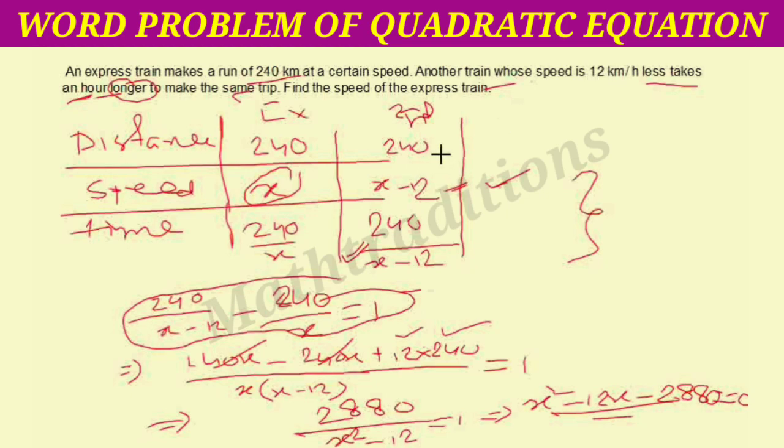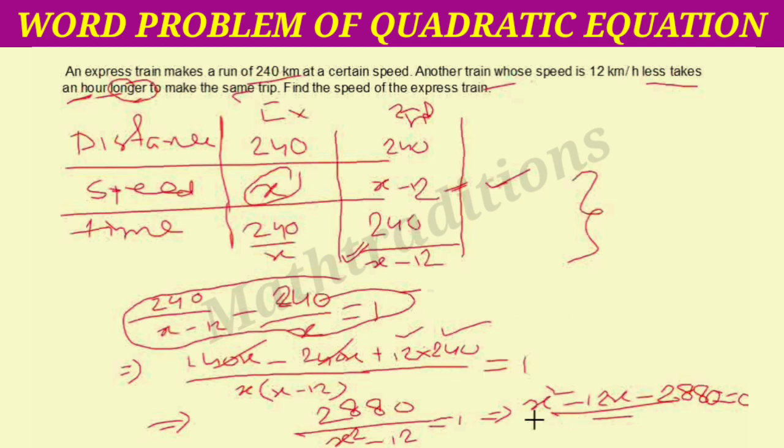So before moving to the further sentence, first from this data calculate the time taken by the two trains, then move on to read the further sentence. The second train takes an hour longer. This term stands for minus, that means the subtraction between the two times will be equal to 1. I hope you have understood how to construct the equation.